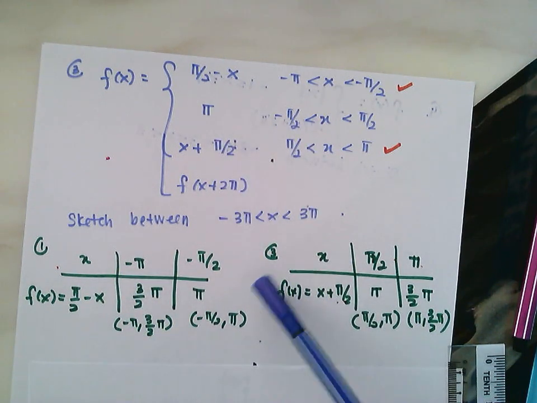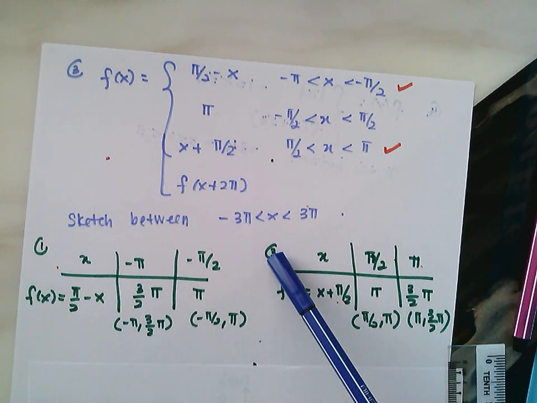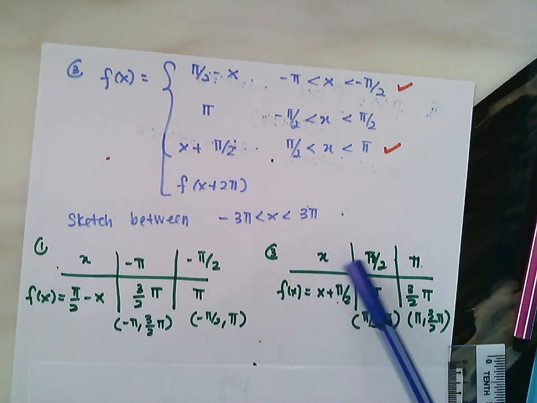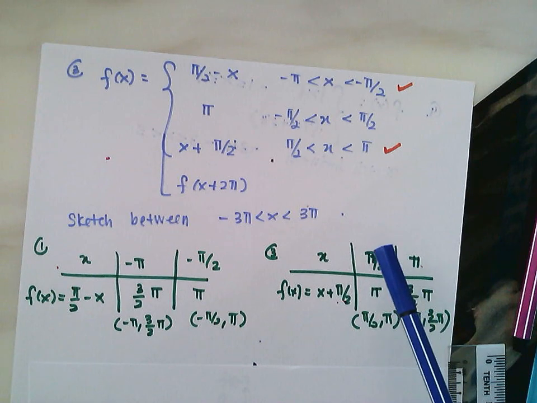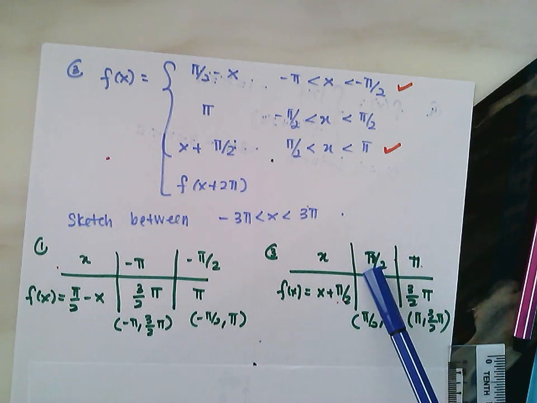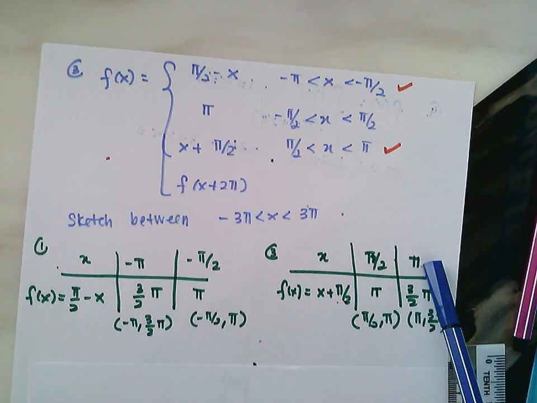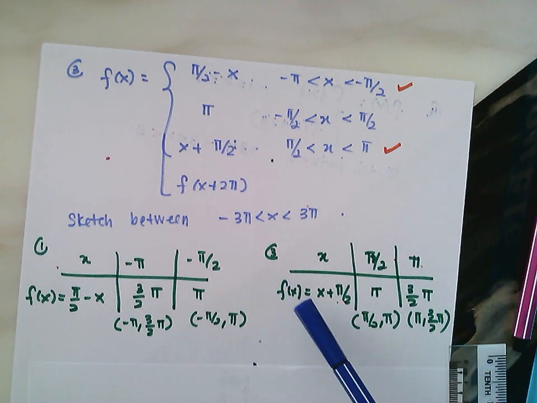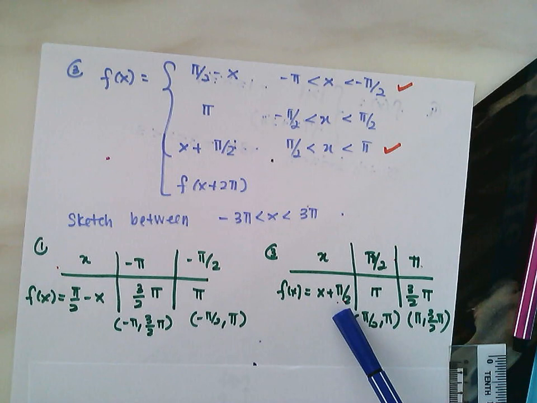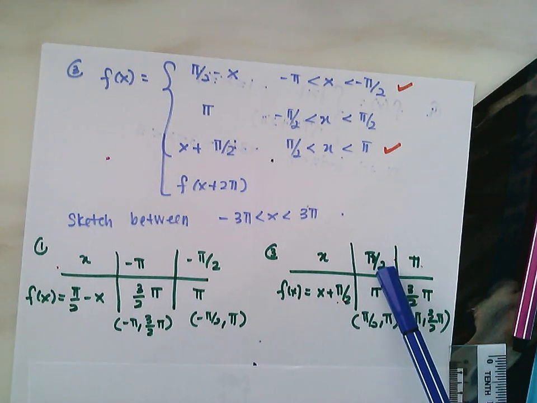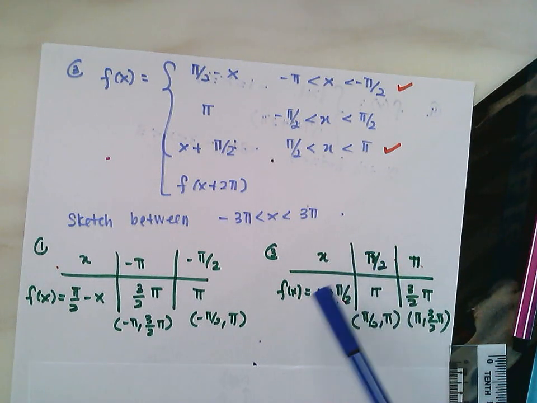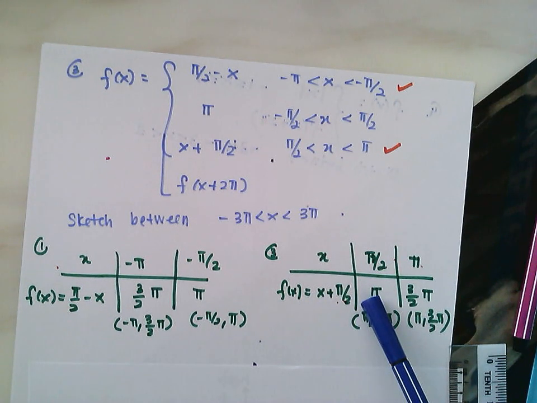So now we are going to proceed with the third function. I am considering these two values: x is equal to pi over 2 and another one is x equal to pi. And my f(x) is equal to x plus pi over 2. So when I substitute x equal to pi over 2, so pi over 2 plus pi over 2, then I have pi here.